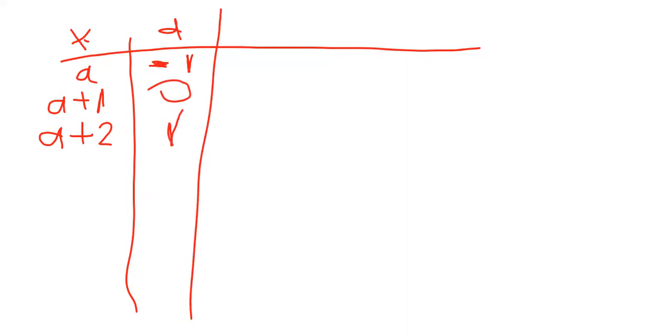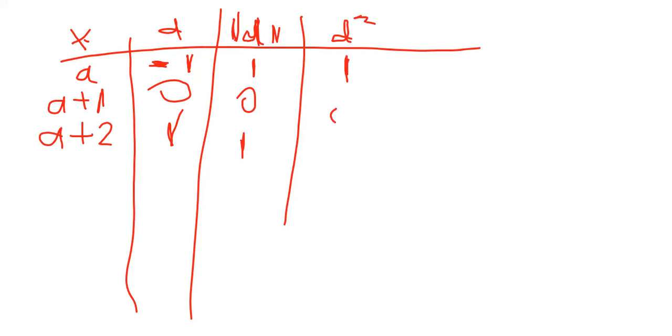So we'll get the positive value of deviation, which is 1, 0, 1. Deviation squared, as it concerns our variance, is also 1, 0, 1, because 1 squared is still the same thing.